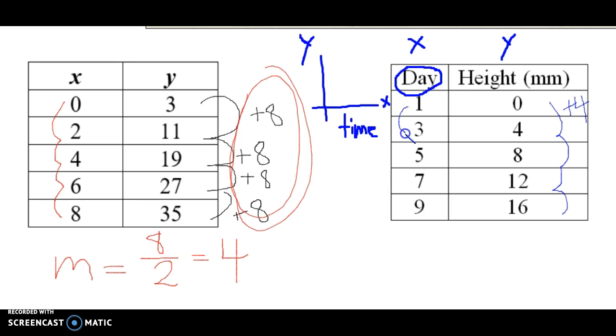We're adding 2 days, adding 2 days, adding 2 days. So since this interval is the same here, we can call this change in y a common first difference because I have a constant ratio of change in y over change in x. Every time it's 4 divided by 2.